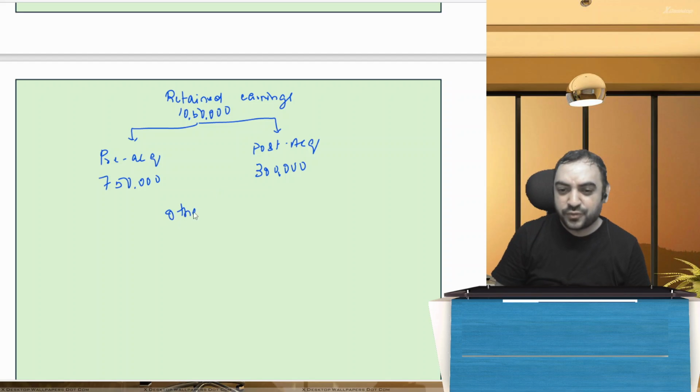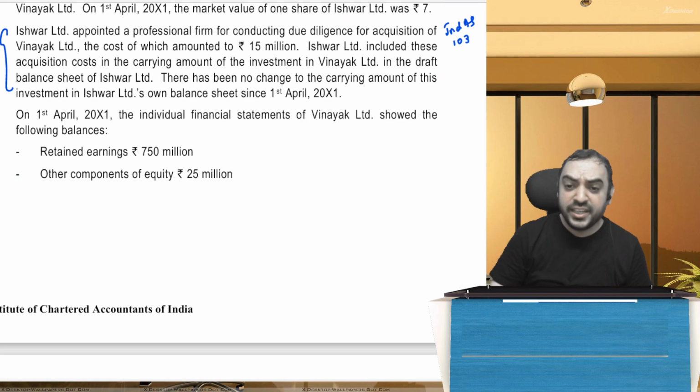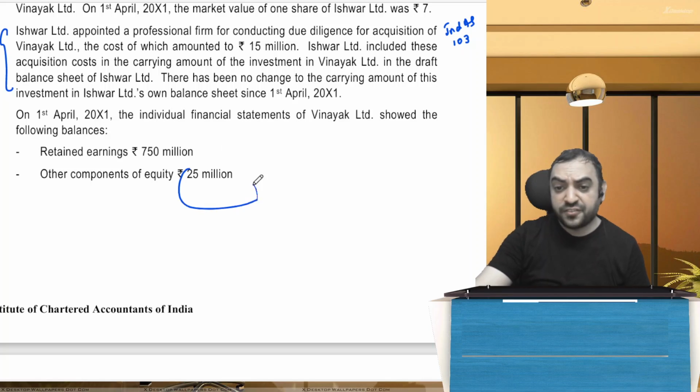Other components of equity on the date of acquisition was 25 million.